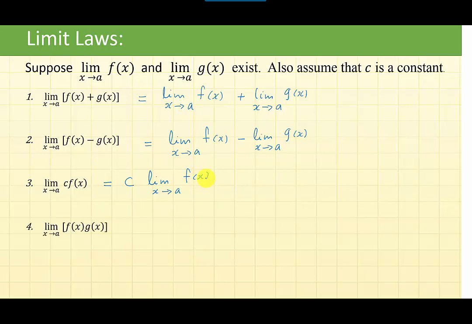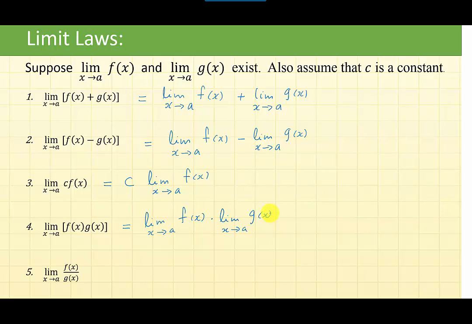The limit as x goes to a of f of x times g of x. The limit of a product is equal to the product of the limits. So the limit as x goes to a of f of x times the limit as x goes to a of g of x.